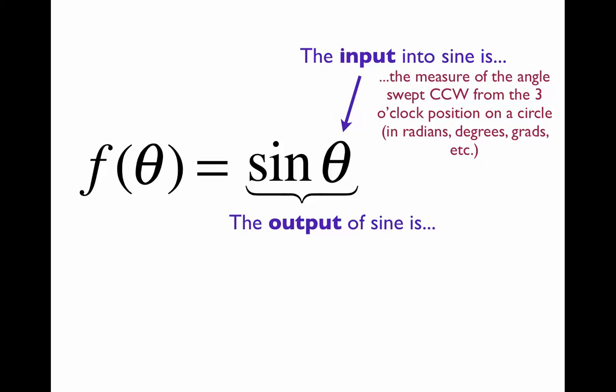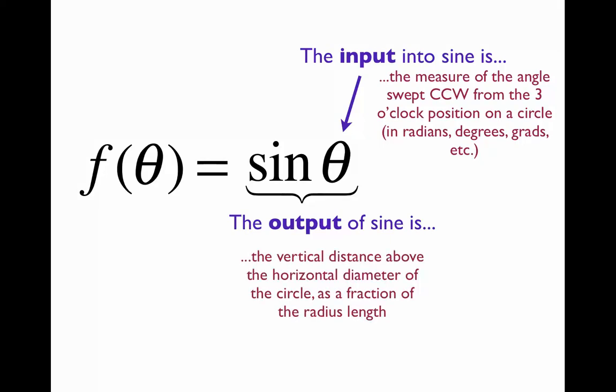So want to try it? Michael. Right, so it's the vertical distance above, so we've got to say above so that we know that's positive and below is negative. Above the horizontal diameter, and then we measure that as a fraction of the radius length.